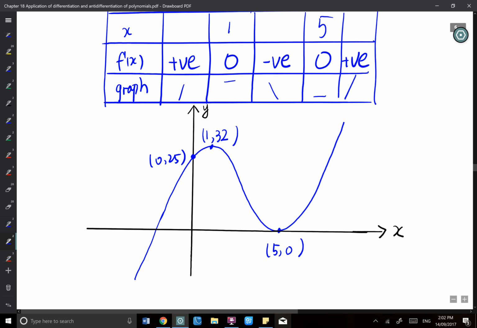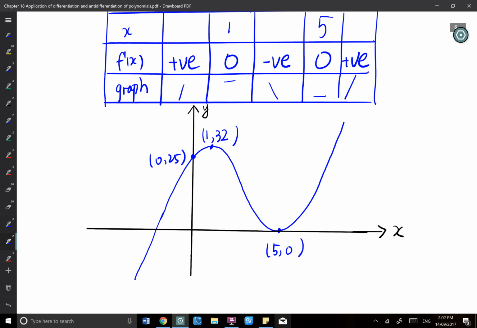It's given in the question, (0, 25). Okay, so that's the shape of the graph. According to the information given to us, I can sketch the shape of the graph like that.